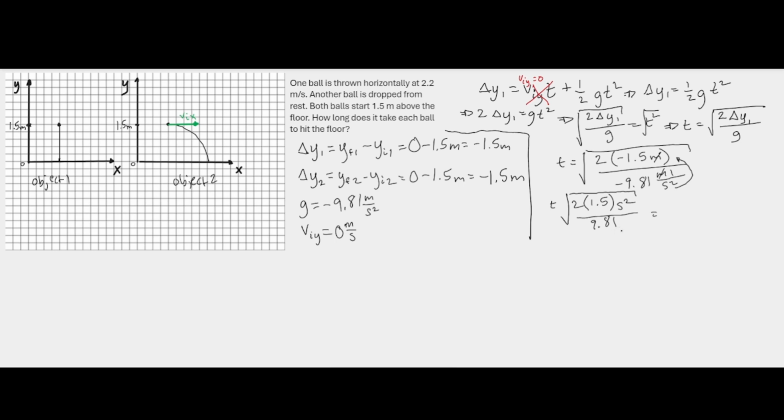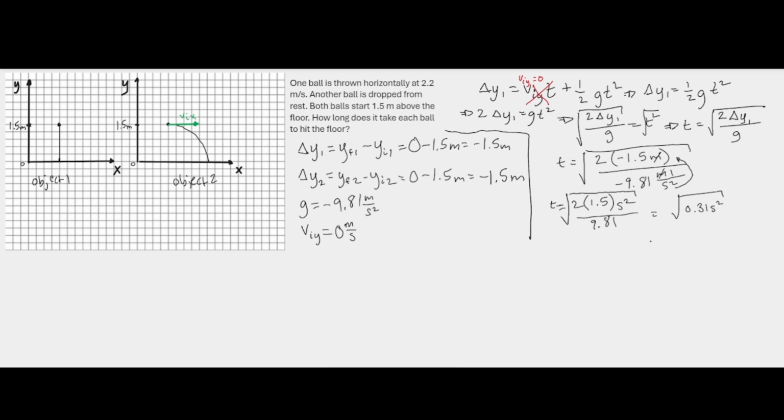So 3 divided by 9.81, and then this becomes the square root of 0.31, rounded to 2 decimal places, and it's still seconds squared. Now I take the square root of both these, the 0.31 and the seconds squared.